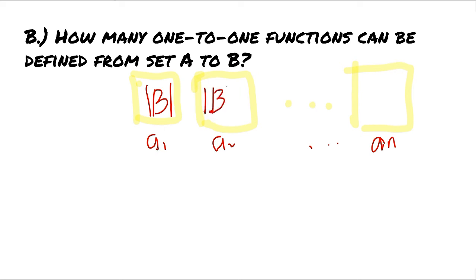Therefore, this will be cardinality of b minus 1. After that, cardinality of b minus 2, until when we reach a sub n, this will be cardinality of b minus n plus 1, I think.